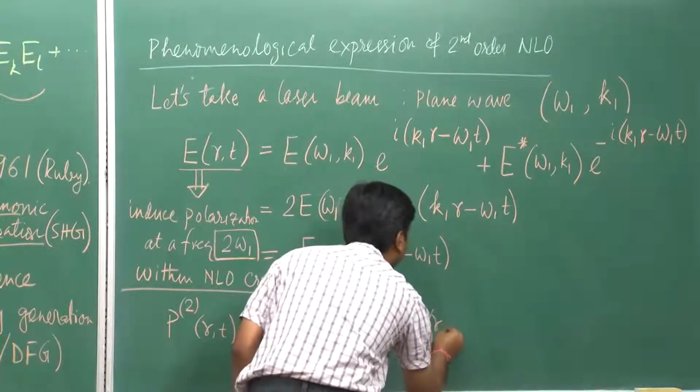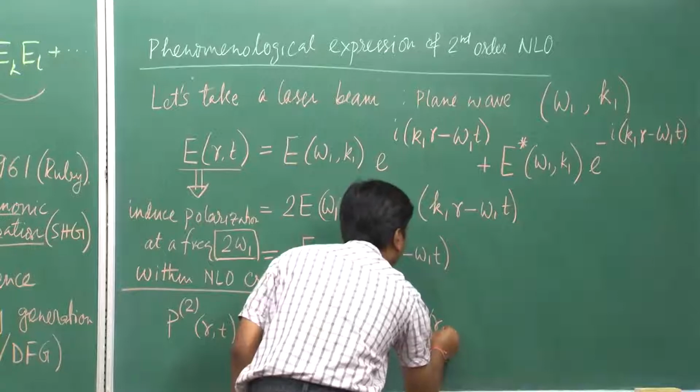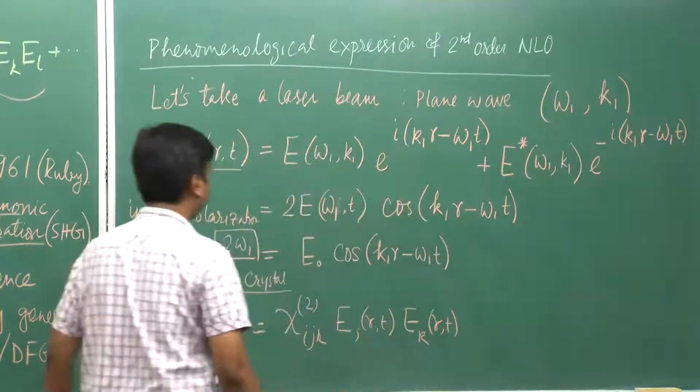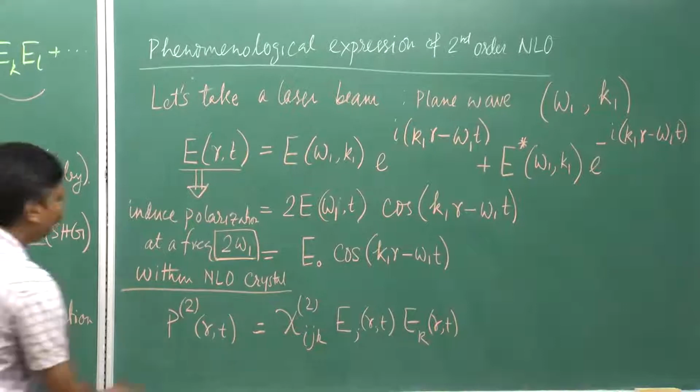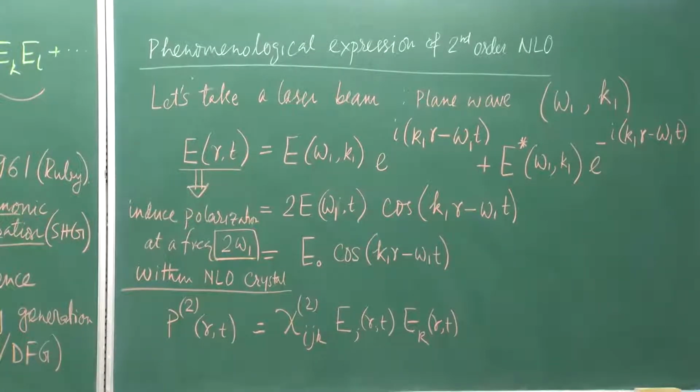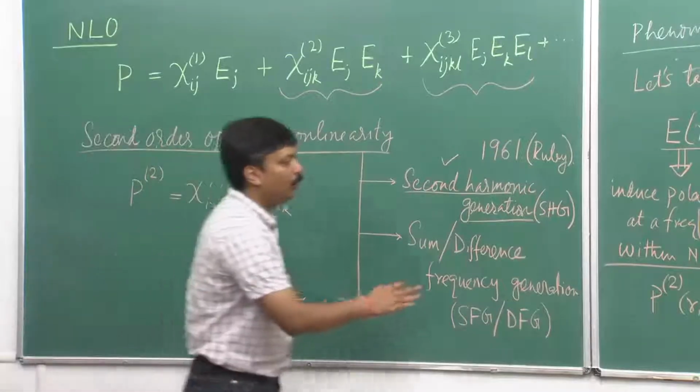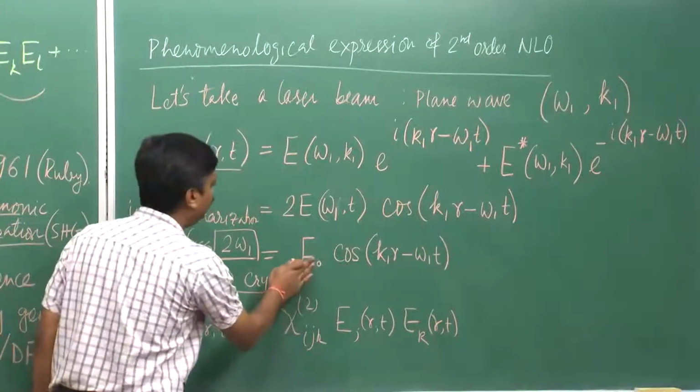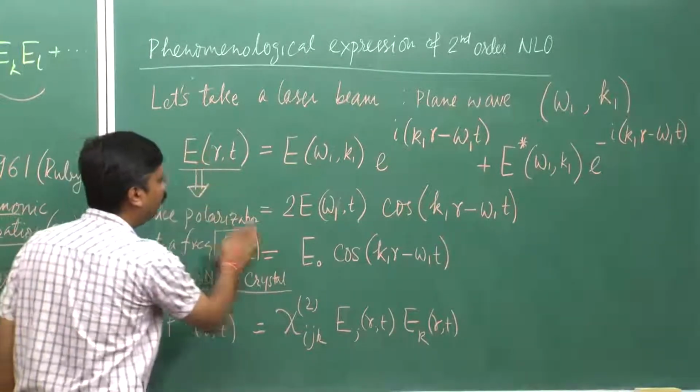Again remember, E and P are vectors. Okay. So, this is nothing new, we have already seen that. Okay. Now, I have the value for this electric field.